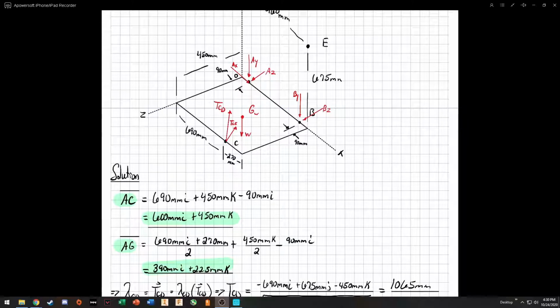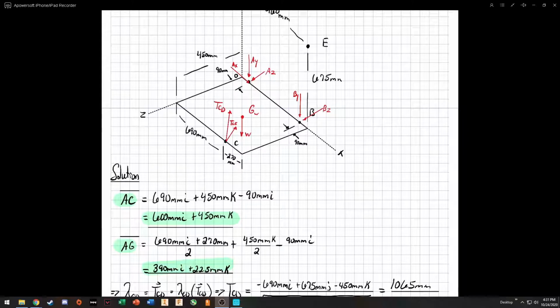But also note that the hinge is 90 millimeters from the origin, so we have to take that into consideration. We subtract it to get our length AC to be 600 millimeters I plus 450 millimeters K. Now we can do the same thing for our length AG, which is going to be 690 millimeters I plus 270 millimeters I as well, because it's all added up together, that total distance over 2.